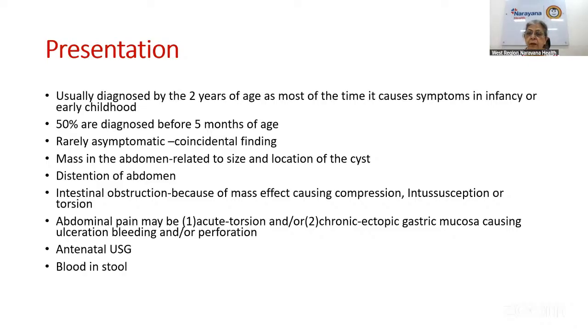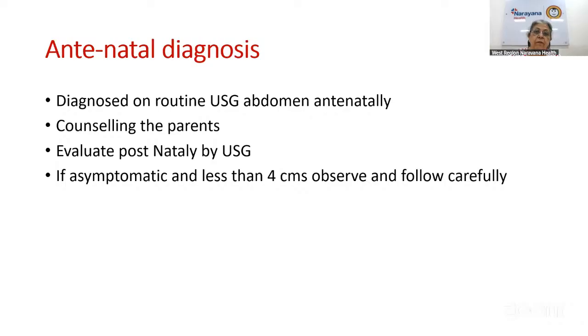Antenatal sonography is very important. The parents will come for your counseling if, on antenatal sonography, somebody has told them there is a cystic mass in the abdomen. There are a lot of other differential diagnoses. We have to counsel them at that time: okay, we'll look after it once the child is born.